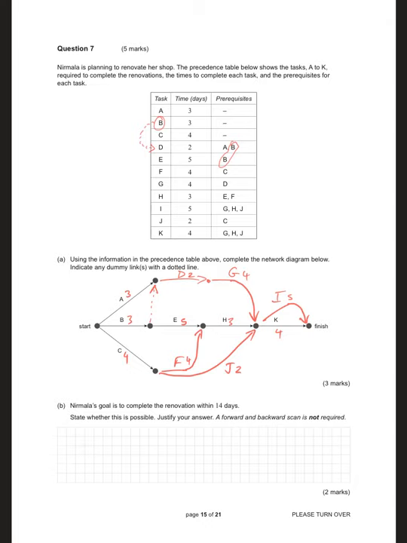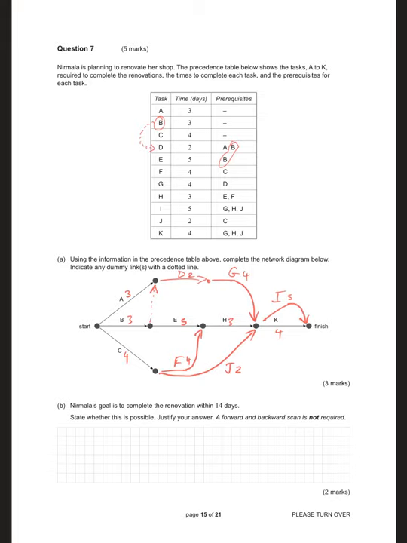Going through the middle, 3, 5, 8, 8, 9, 10, 11, 12, 13, 14, 15. The longest path's going to be 15. It's not possible without a forward and backward scan. Well, wait, I didn't even know if that's the longest path. I might as well check through. 4, 8, 11, 15 again. 4, 5, 6, 7, 8, 9, 10. 3, 8, 9, 10, 11. No, 16. 16 through there. The longest path is not going to be 14.